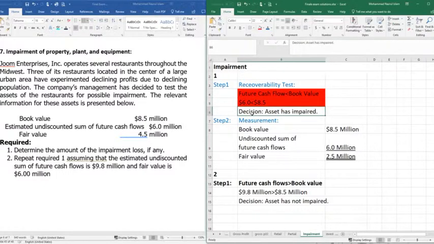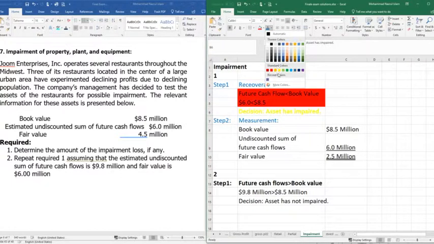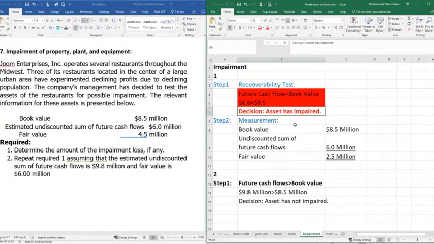So what is the decision? The decision is that the asset is impaired. Can you see that? The asset is impaired. Okay, and so we will go to the second step.